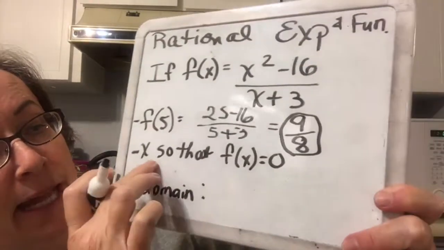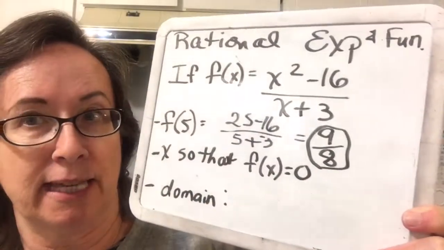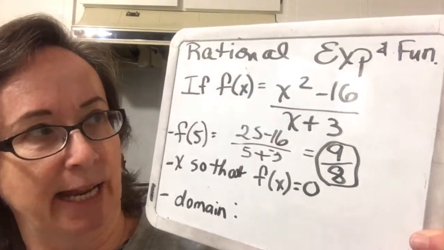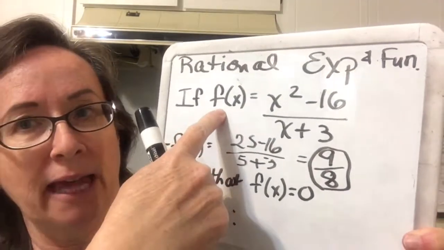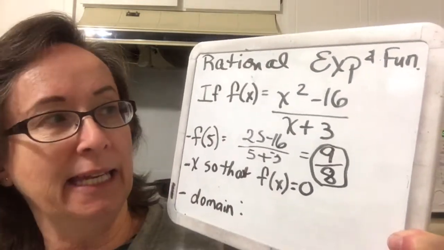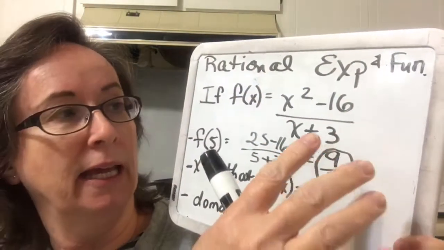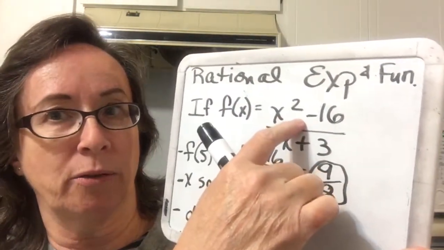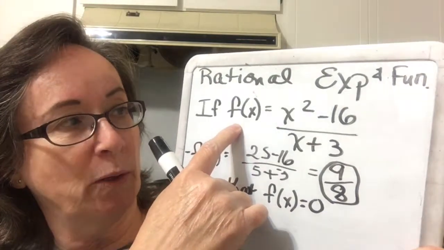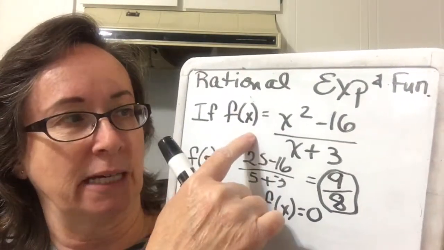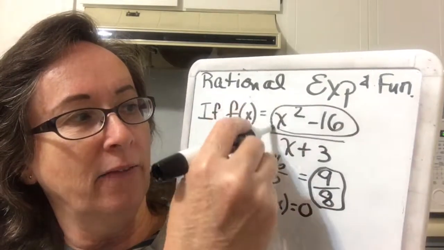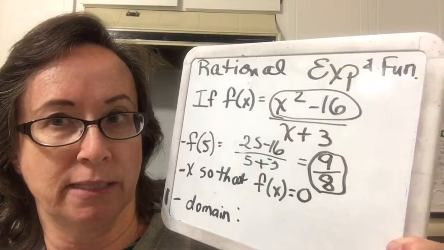Then it says find x so that f of x is 0. So we're not substituting in a 0. We're setting the f of x equal to 0. Now, in any fraction, if 0 is on the numerator, won't 0 be the final result? So when we set the function equal to 0, what we're really thinking about is just setting the numerator equal to 0.